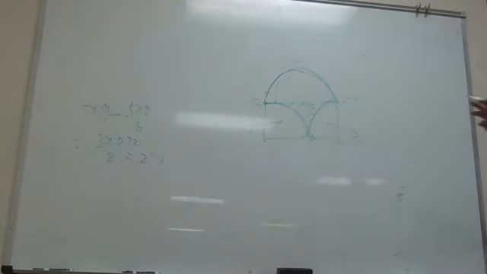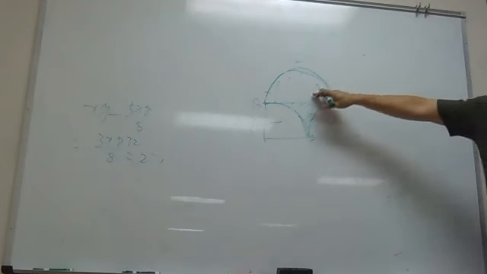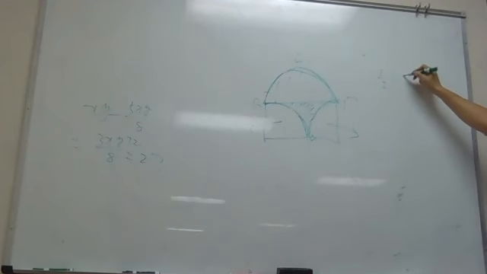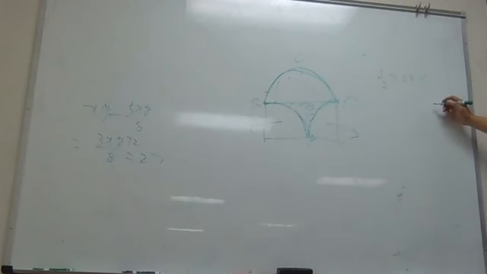So the half circle is how much? The area of the half circle is 25 over 2 pi. And then what about the rectangle? It's 10 times 5.